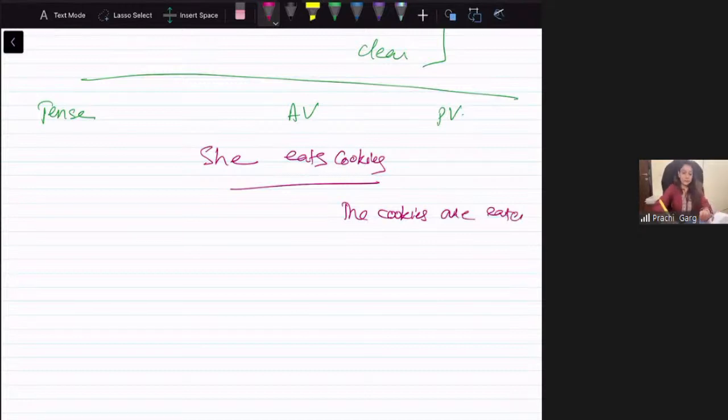Now, there are two, three things to notice here. One is, of course, the cookies come in the front, and we use are because that's a plural form, and the third form of the verb. And then we use by and her to indicate the person who is doing the action.